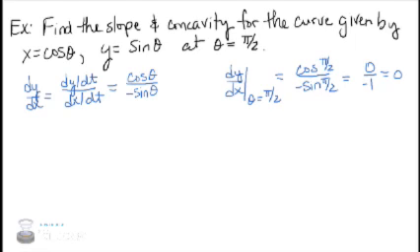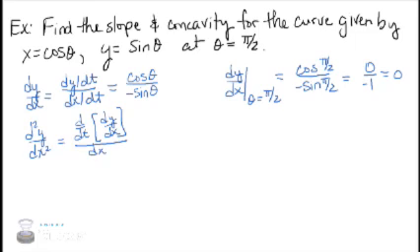Now, the second derivative will tell us about our concavity. So the formula for the second derivative says that we take the derivative with respect to t of dy/dx over dx/dt. So be careful here. What is this saying? This is saying we're going to take the derivative with respect to, well, in this case, I should have written d thetas instead of dt's.